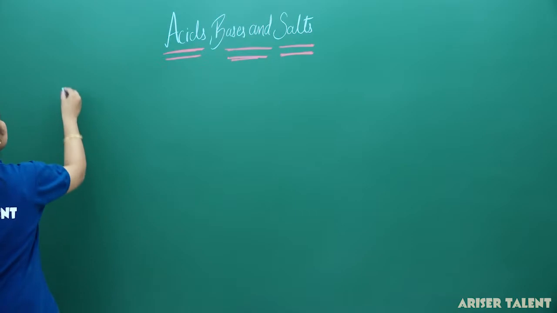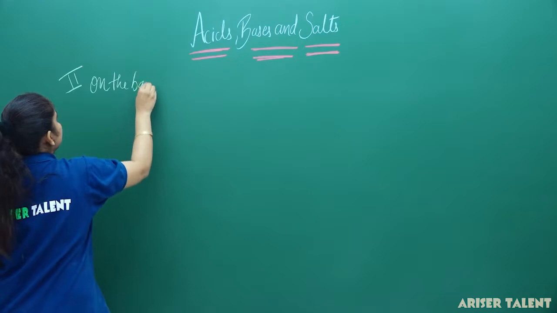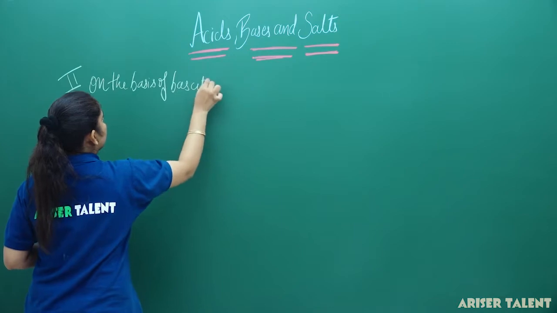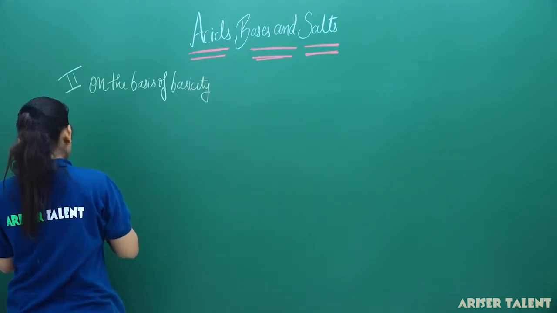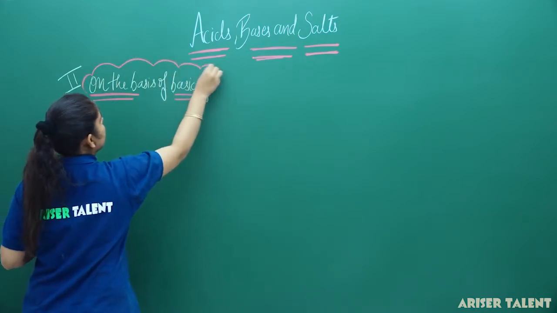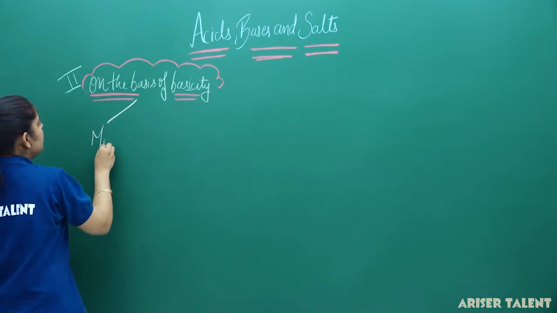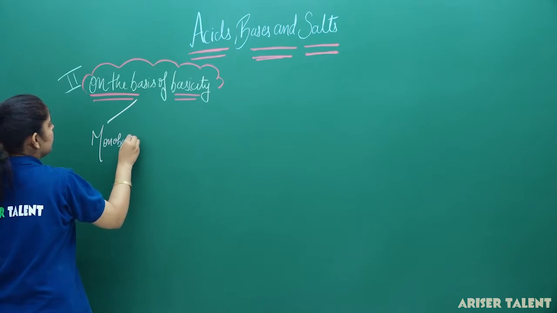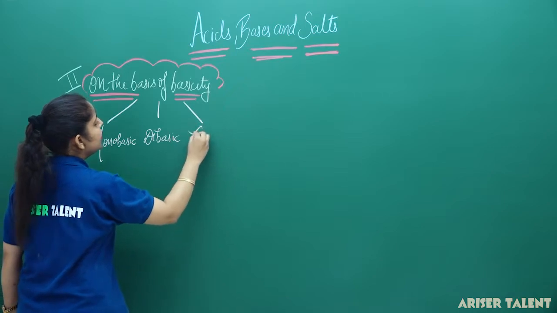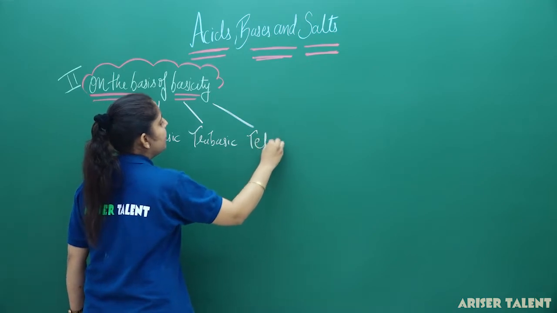The second one is on the basis of basicity. On the basis of basicity, we have 4 types of acids: monobasic, second is dibasic, third one is tribasic, and the fourth one is tetrabasic.